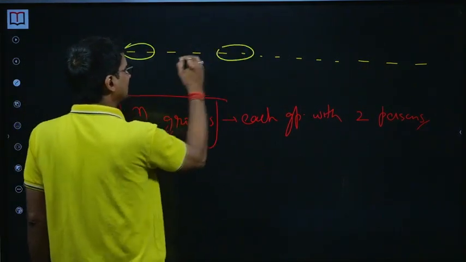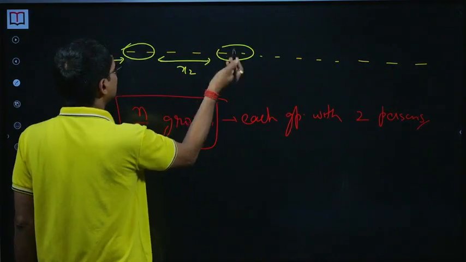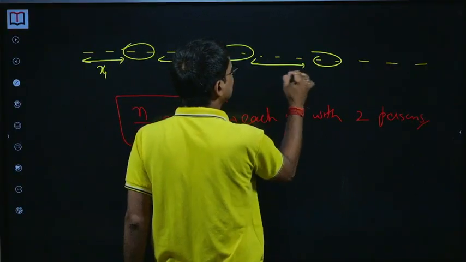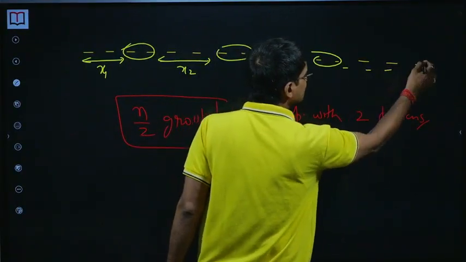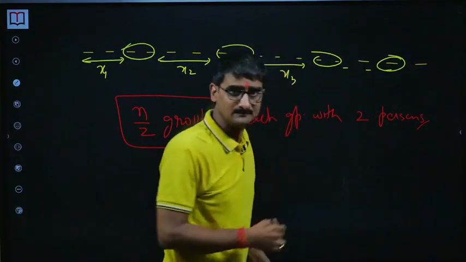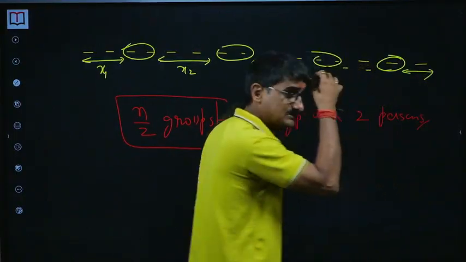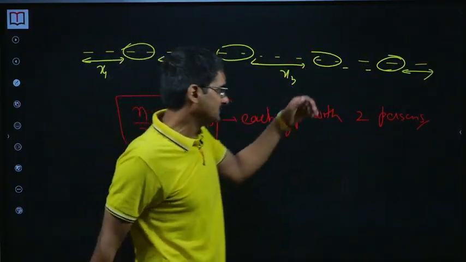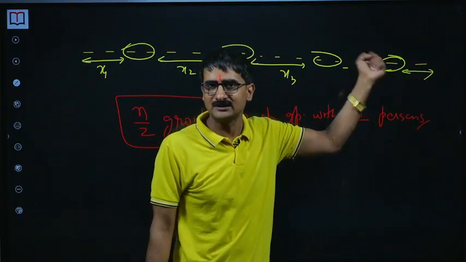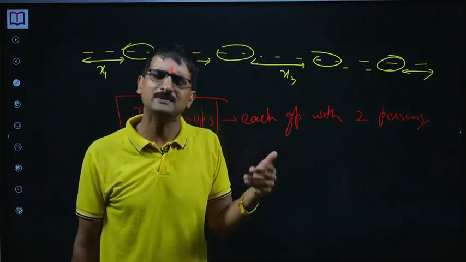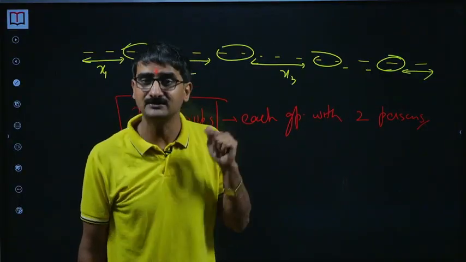Similarly, if I select this one, I have x2 chairs between the first and the second group. Likewise, for this one, x3 chairs. And how many such things are possible? Of course, I will have one variable for the chairs left at the end. It may happen that the last group occupies the last 2 chairs, but it may also happen that 1 or 2 chairs, or any number of chairs, are left vacant at the end also.